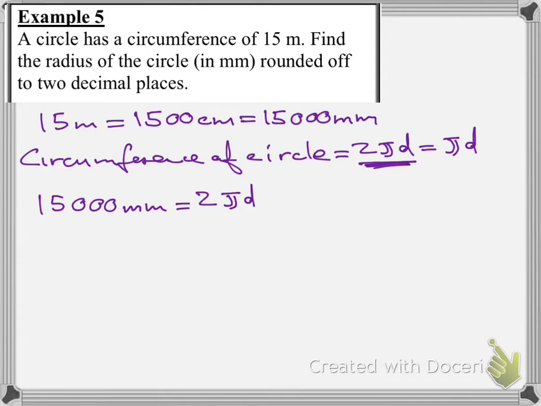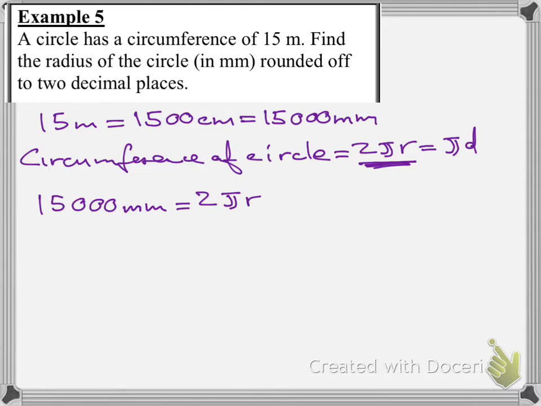Sorry, it's supposed to be 2 pi r there. So 2 pi r or pi d, those are the formulas for the circumference of a circle.